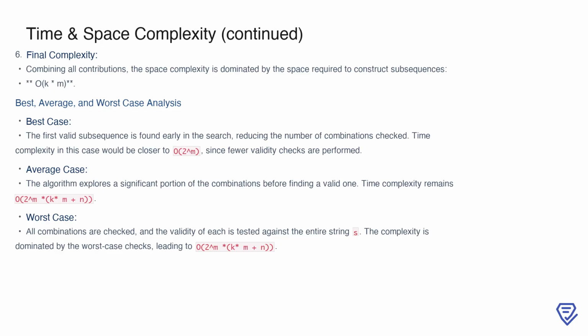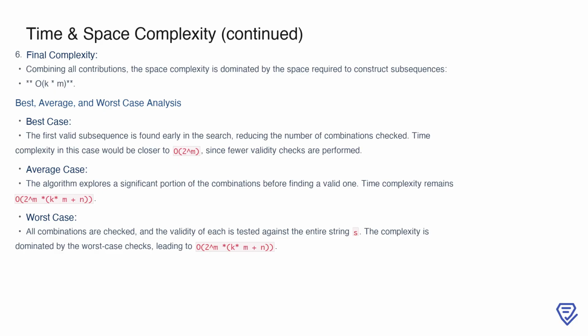Analyzing best, average, and worst-case scenarios helps us understand the algorithm's behavior further. In the best case, the algorithm finds a valid subsequence early in the process, which reduces the number of combinations it needs to check. Here, the time complexity approaches O(2^m), as fewer validity checks are required.